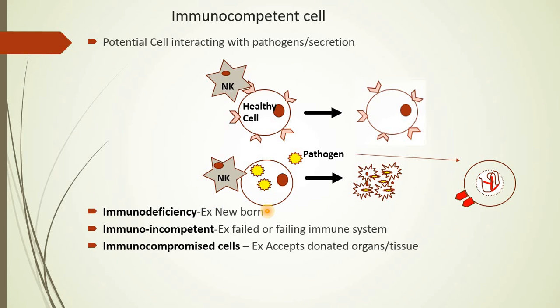You all know that in newborns, the immunity level is low and they are prone to get infected more easily as compared to adults. This is only because the cells are immature, or probably the number of immunocompetent cells in the body is less. Whereas in the circulation of these newborns, there are some ready-made maternal antibodies.